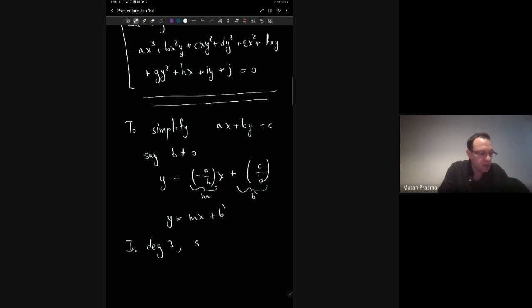But okay, in degree 3, I will not give you the details, but they can be found. Some of it is in the notes, and other parts you can look up on the web.